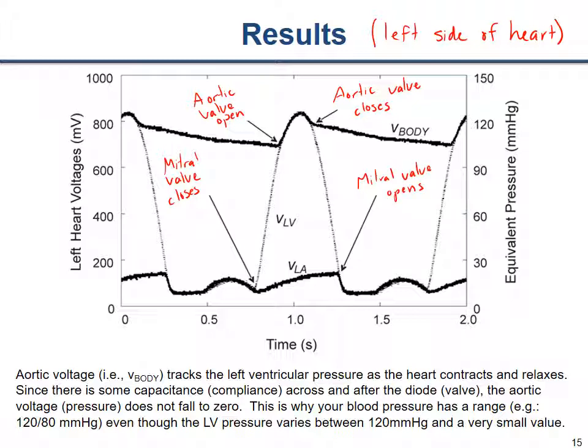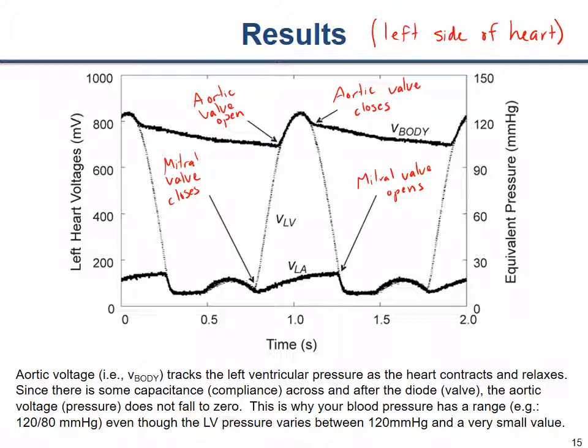Okay, so what's really interesting is that this circuit model is creating internal waveforms that model what's happening to the heart, and then the resulting V-body waveform is actually very similar to something that you would actually measure. And in fact, a diagram like this is very representative of what would happen when you take your blood pressure measurement.